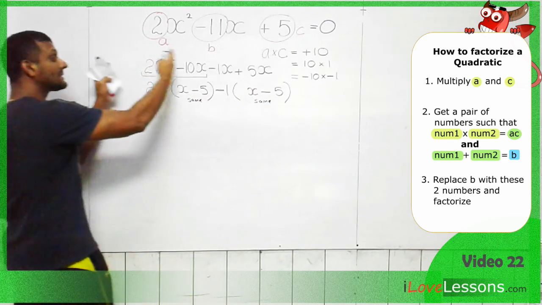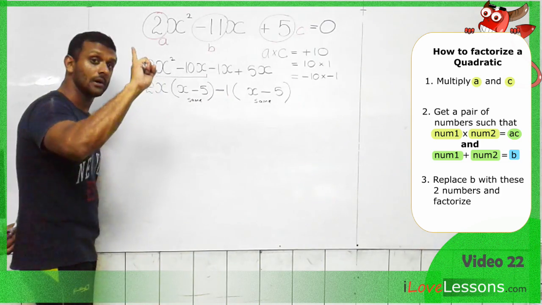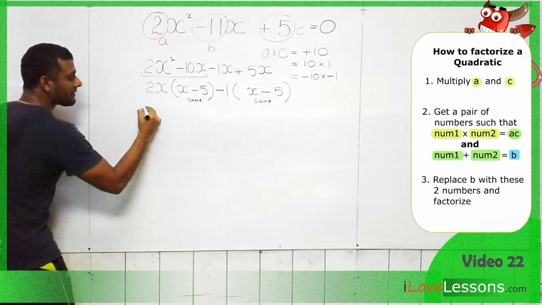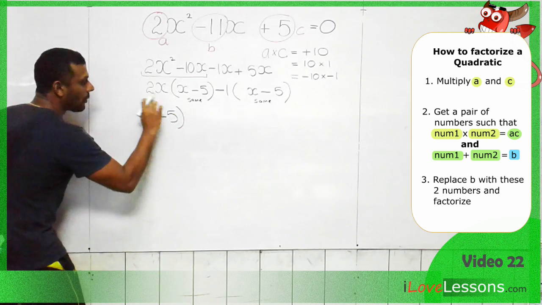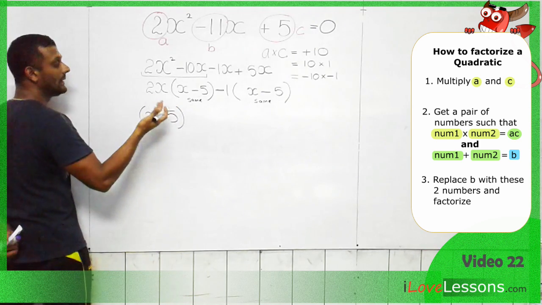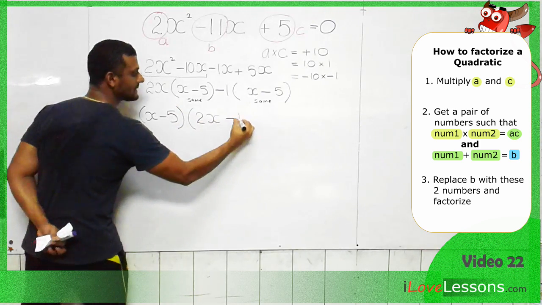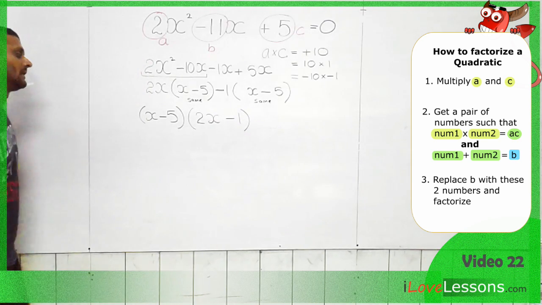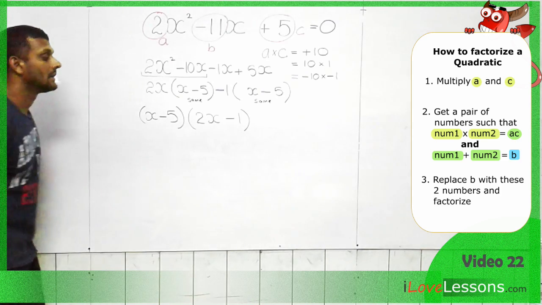But when we factorize it out, whatever we are pulling out, we only write it once. So if we were to factorize this, we will get x minus 5. What will we be left with here? 2x and minus 1. So we have finished factorizing the quadratic.